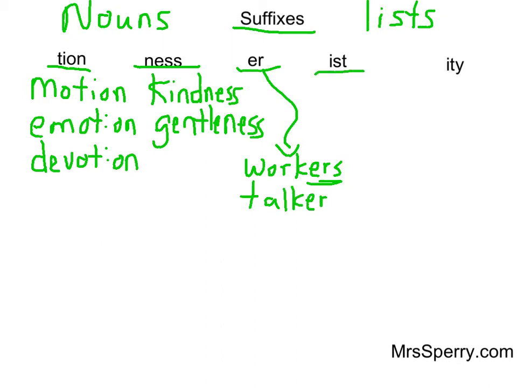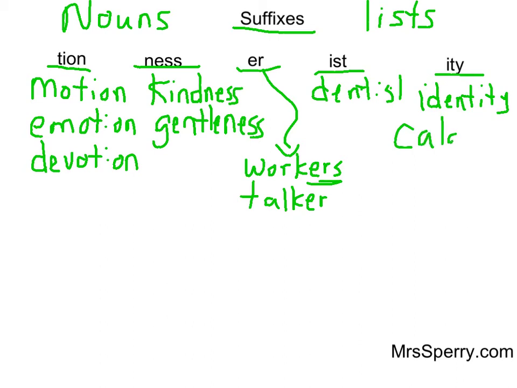We can have a different kind of worker that ends in IST, dentist. ITY is another suffix that ends nouns. Identity or calamity. This technique might work for some of you.